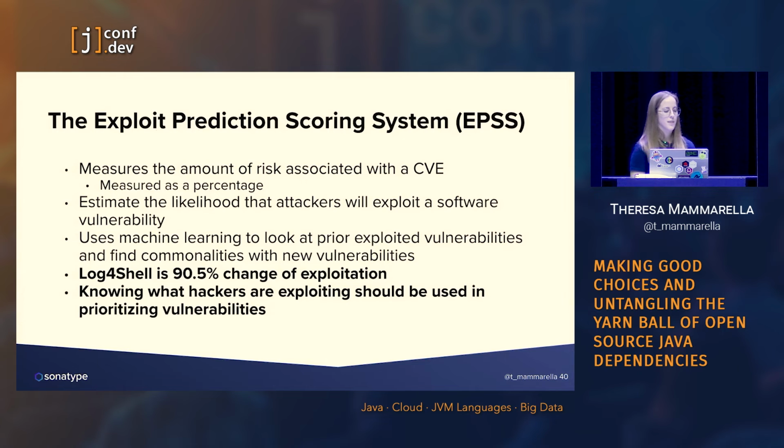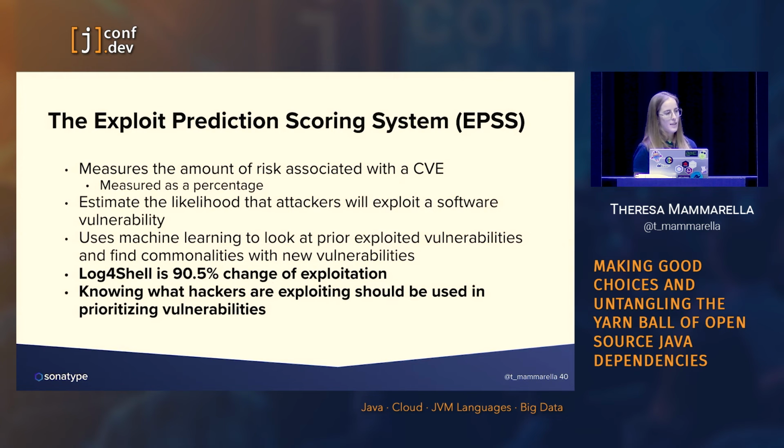And this one's kind of interesting because they're actually using machine learning algorithms to look at patterns of prior exploits and to figure out how likely it might be that certain CVEs could be exploited. So again, Log4Shell got a 90% chance of exploitation.